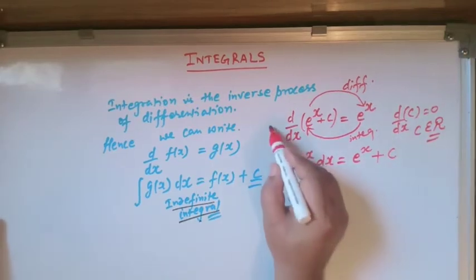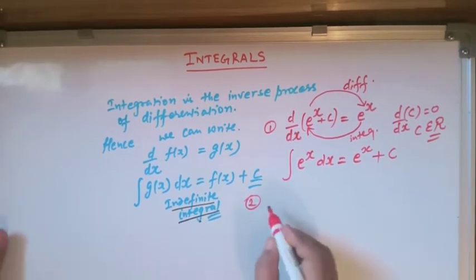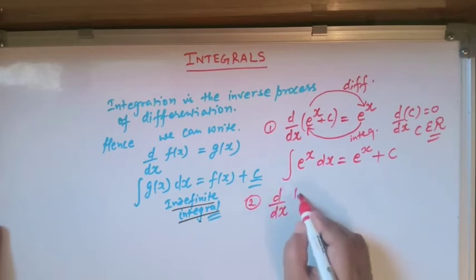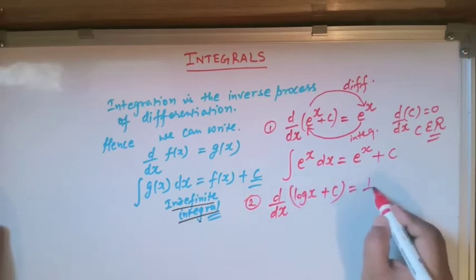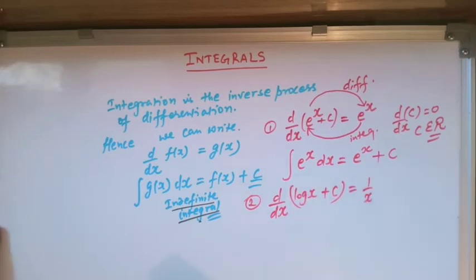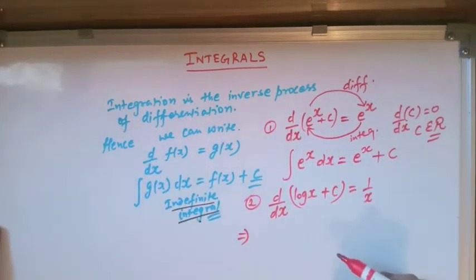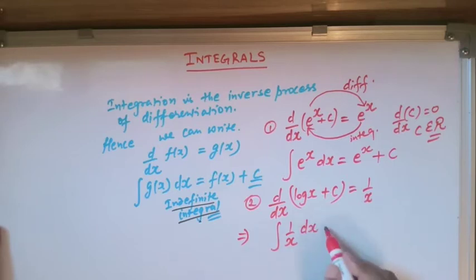So therefore we can write here the derivative of, say, log x plus c is equal to 1 over x. So by definition, integration is the inverse process of differentiation. So if we integrate 1 over x with respect to x, it gives log x plus c, clear.